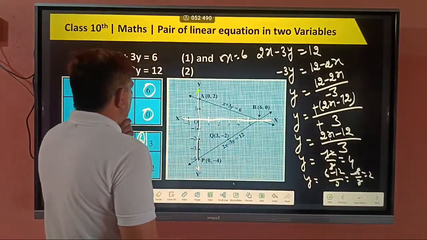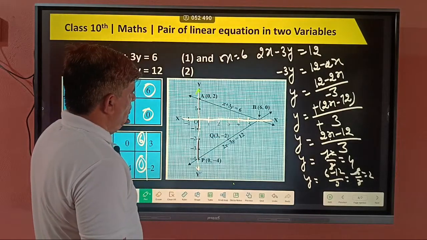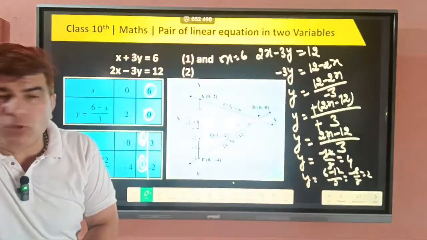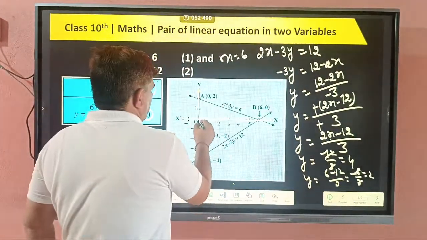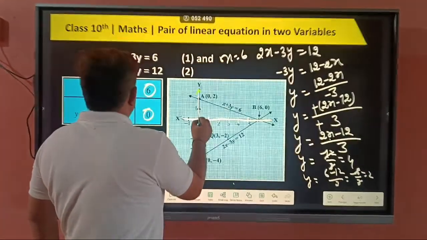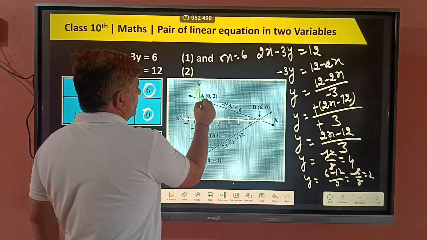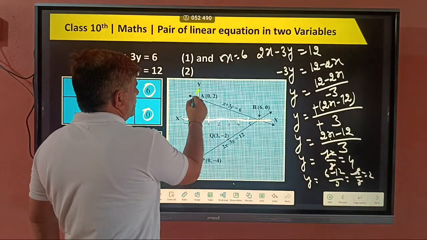So first, x equal to 0. Where is it possible? On the y-axis. So x equal to 0 here, but y equal to 2. So the point comes here. This is your 1, this is your 2.